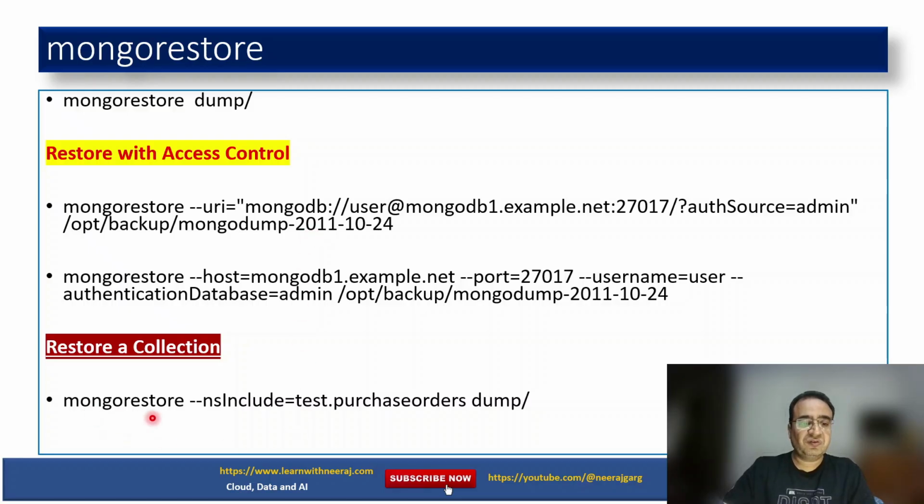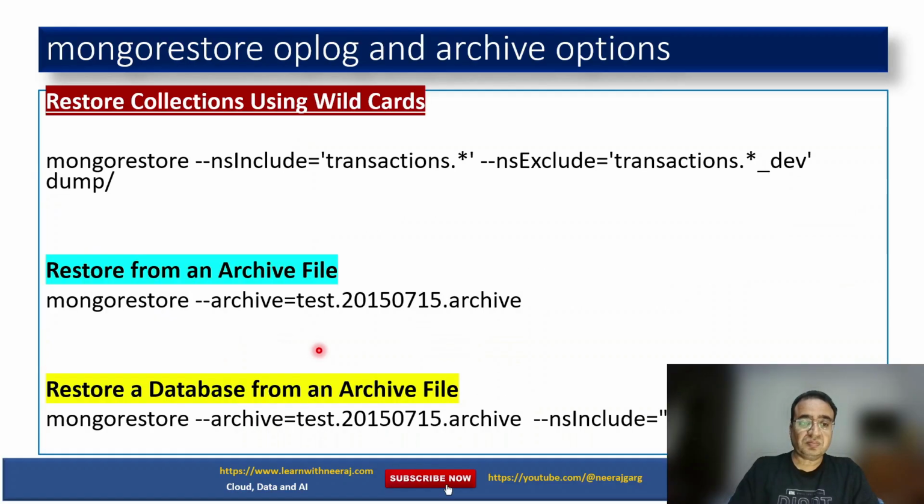In mongorestore, let us say in your dump directory there are multiple collections, but you want to include only one collection. Then you can do it using nsInclude. This you can ignore. This is the database name and this is the collection name from the dump directory. Another option is nsInclude with a wildcard.